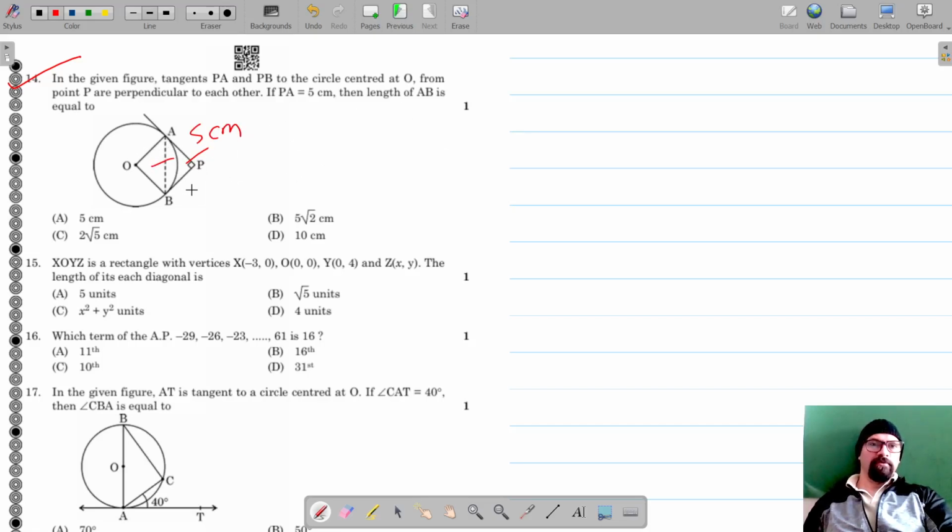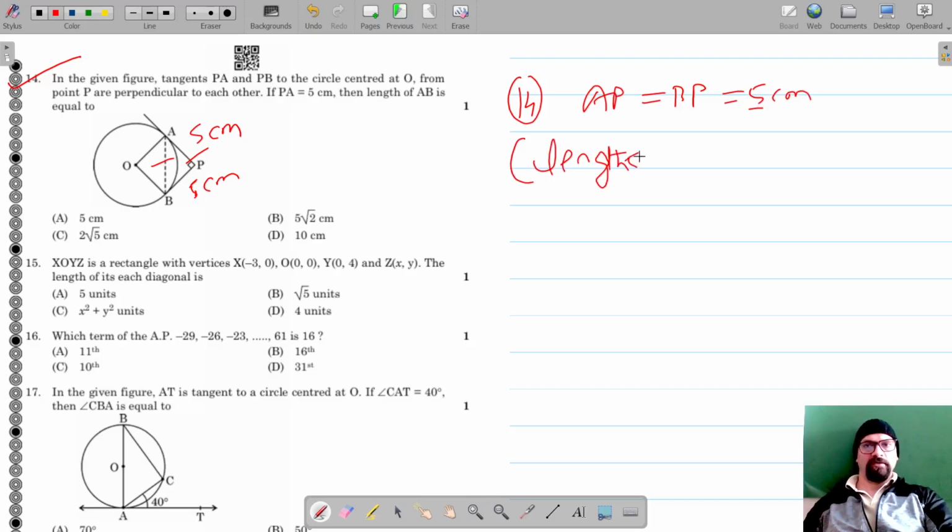So AP is equal to PB, PB is also 5 centimeter, reason being, tangents drawn from an external point to a circle are equal.